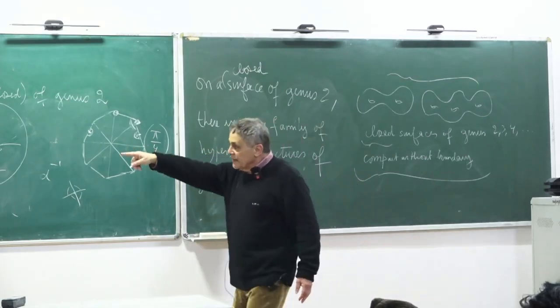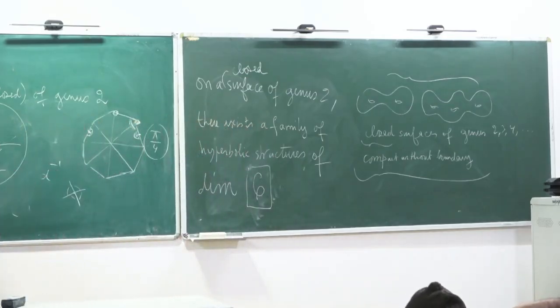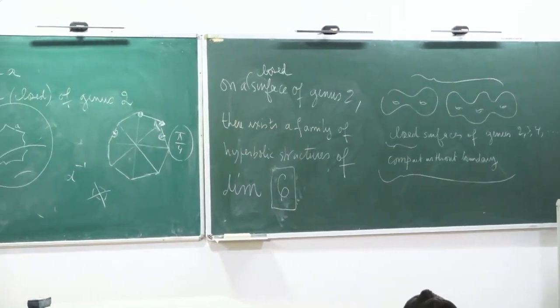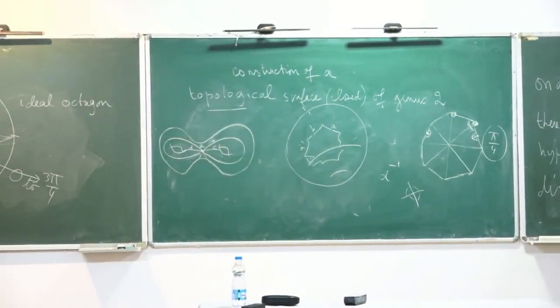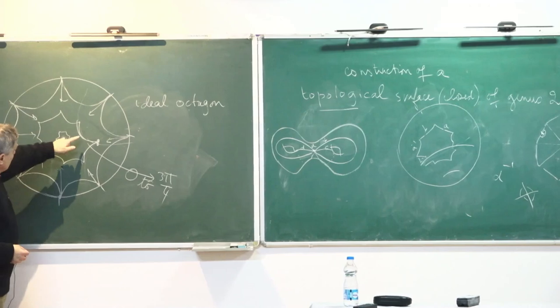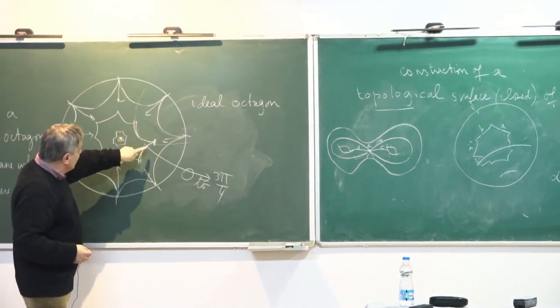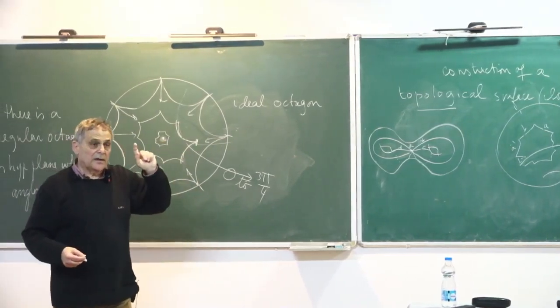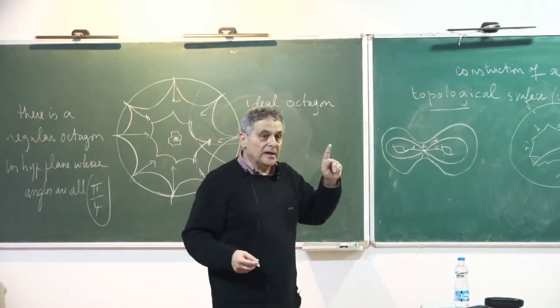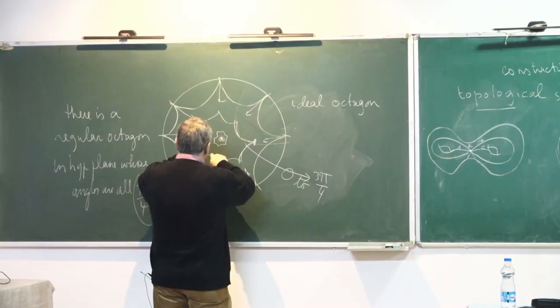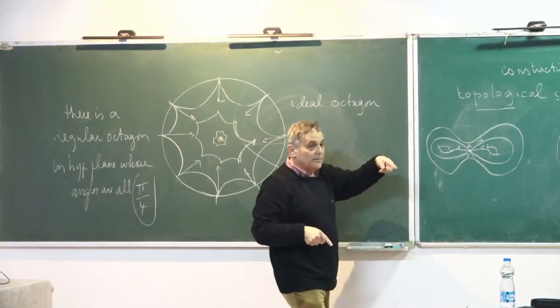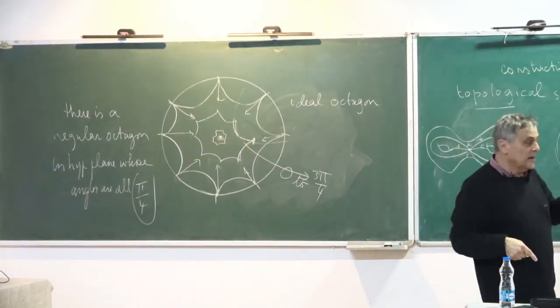So the space of polygons in the hyperbolic plane, where the sum of the angles adds to 2 pi, and where this side is equal to this side, and so on, according to A, B inverse, and so on.